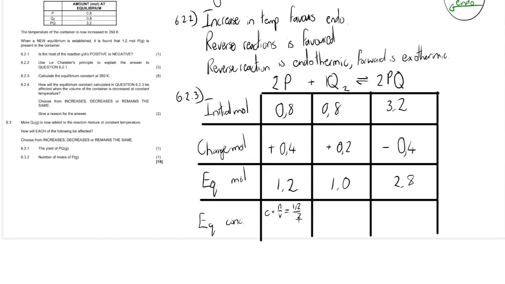So 1,2 over 2, that is 0,6 mole per cubic decimeter. This is 1 divided by 2, which is 0,5 mole per cubic decimeter. This is 1,4.